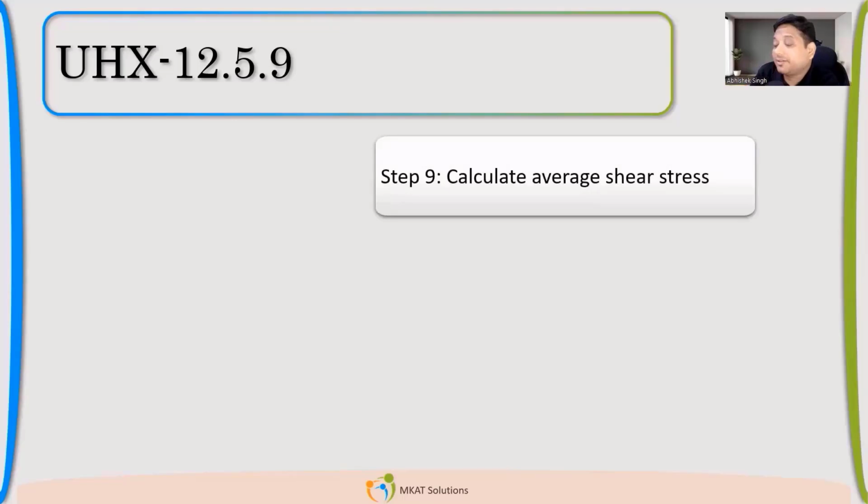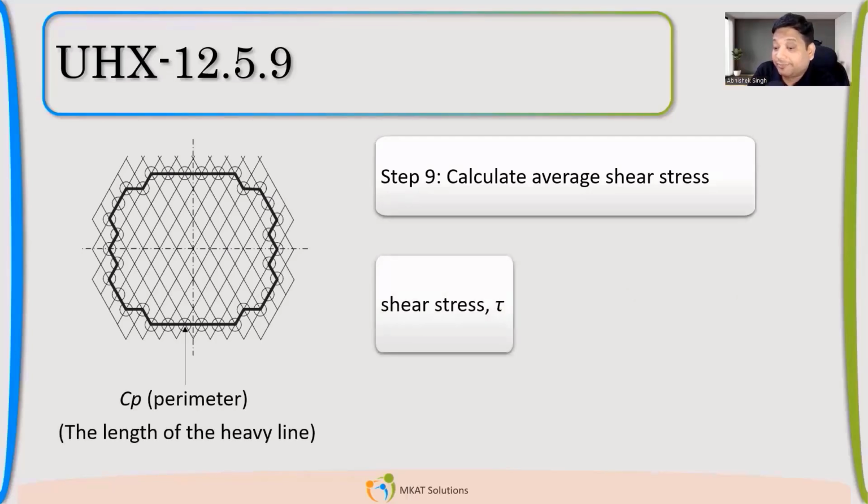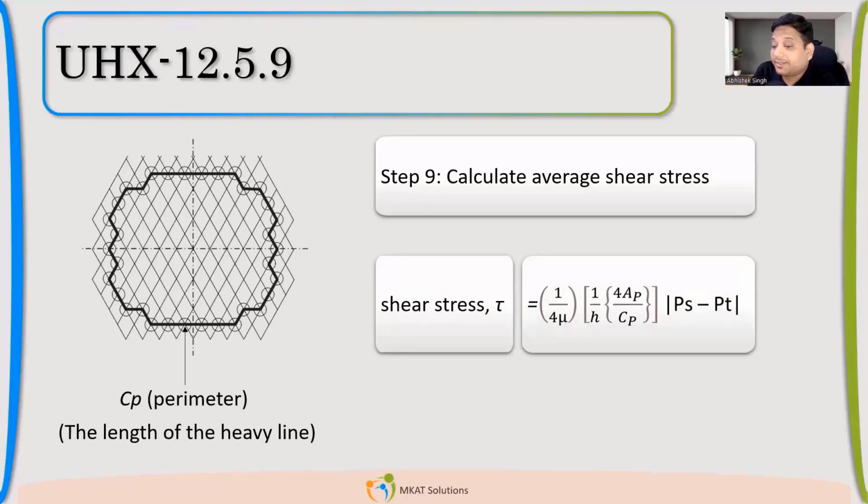The second part which will play a role again is shear stress. The tube sheet will exert shear stress also, and the shear stress definitely will be very critical at this periphery, because there the tubes are there, and that is my weakest link. So perimeter length is very much required. So shear stress tau can be given like this. You already have a formula.